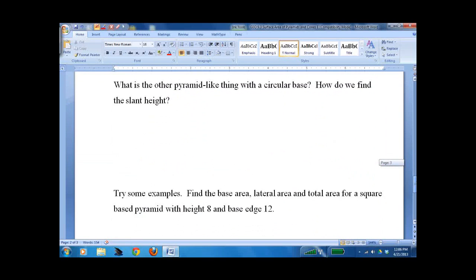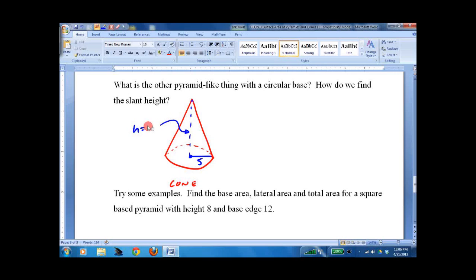So we also have a cone. And dimensions of a cone would be the radius, which we will say is 5, and the height, which for the fun of it, I'm going to say is 12.